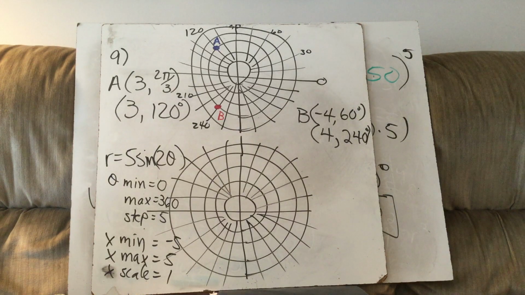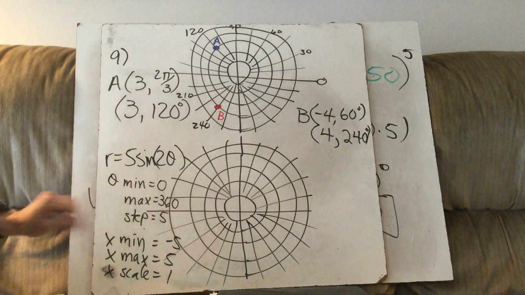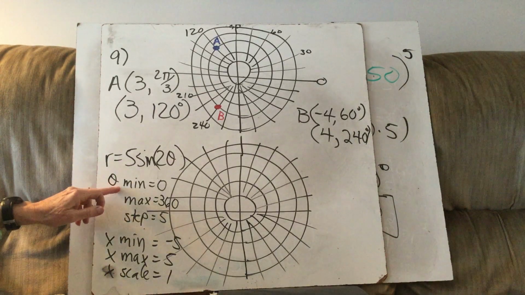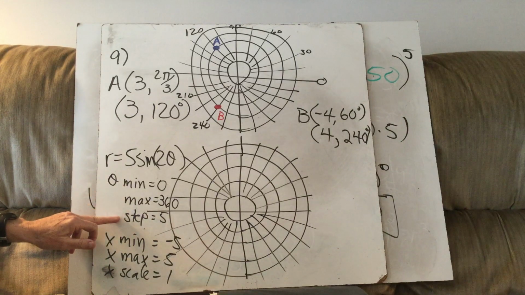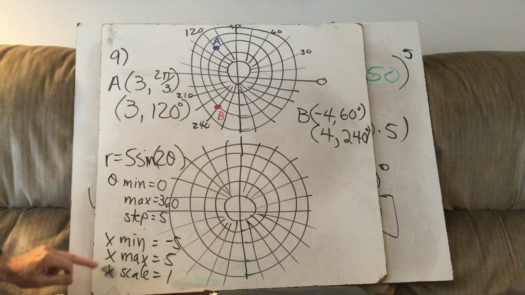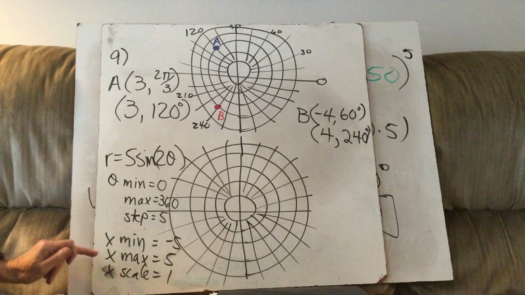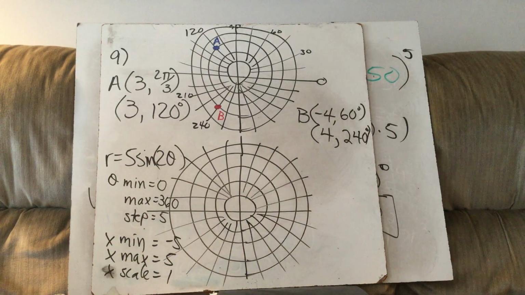So let's take a minute and get that set up. So in window, theta min, theta max, theta step, and then X min, X max, X scale, and Y min, Y max, Y scale, all the same thing.